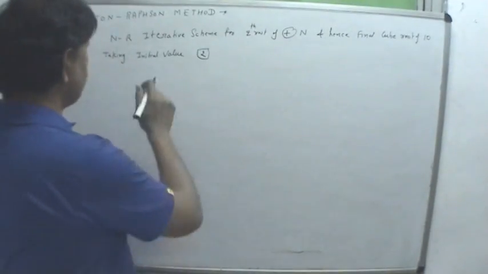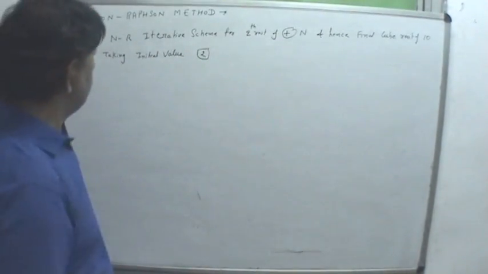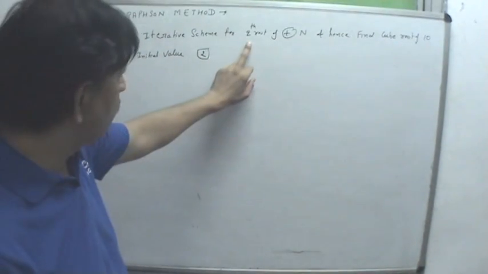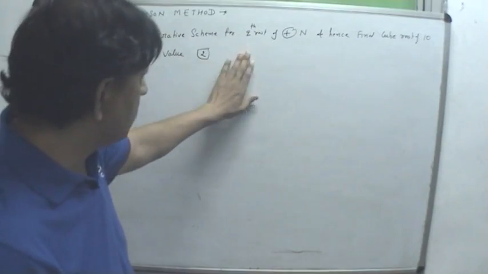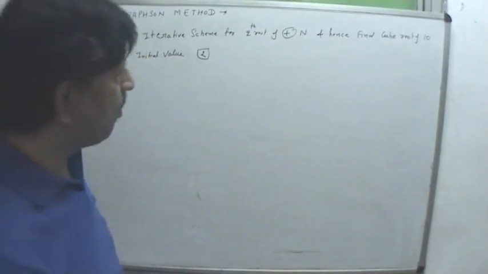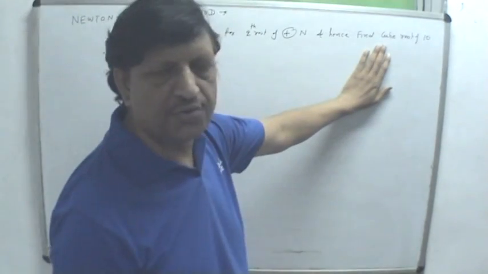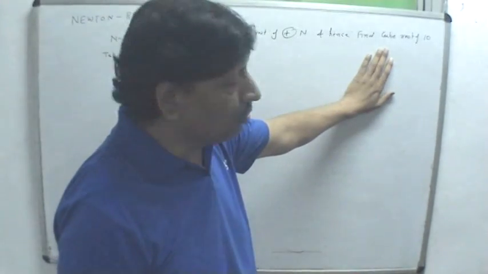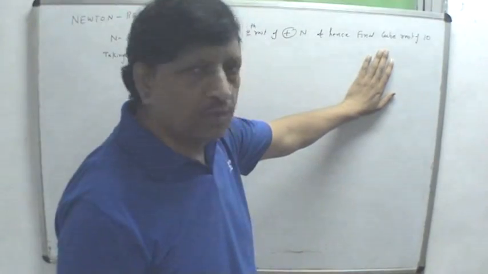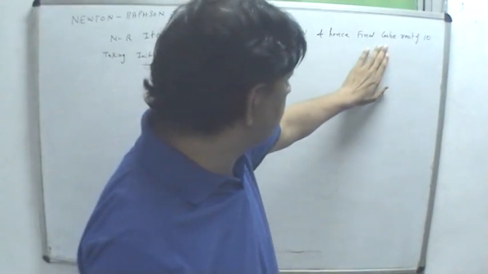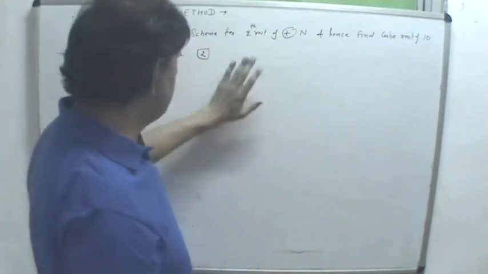Now see, first of all, how to generate the iterative scheme for this, so that we can use this result for each and every problem. Either it is the cube root of 10, square root of 10, fourth root of 32, fifth root of 16, any problem of this kind we can solve with this scheme.